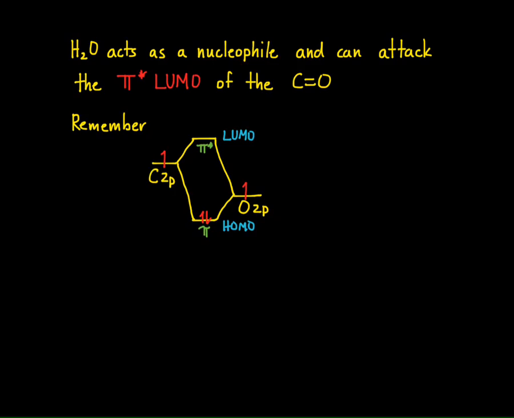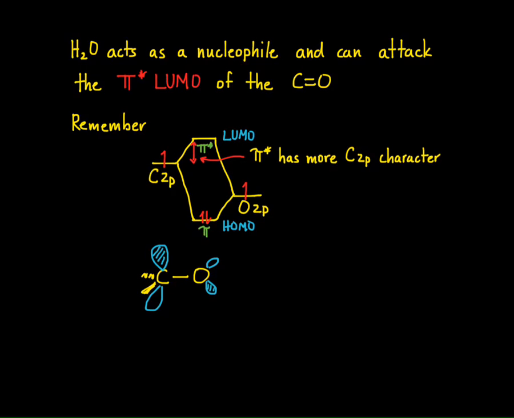So in addition reactions, when water is adding as a nucleophile, the pi system is behaving as an electrophile. It is accepting electrons, and it accepts them into the pi star LUMO of this carbonyl. Now remember that the energy of the LUMO is very close to the energy of the original carbon 2p orbital, and so it has a lot of carbon 2p character.